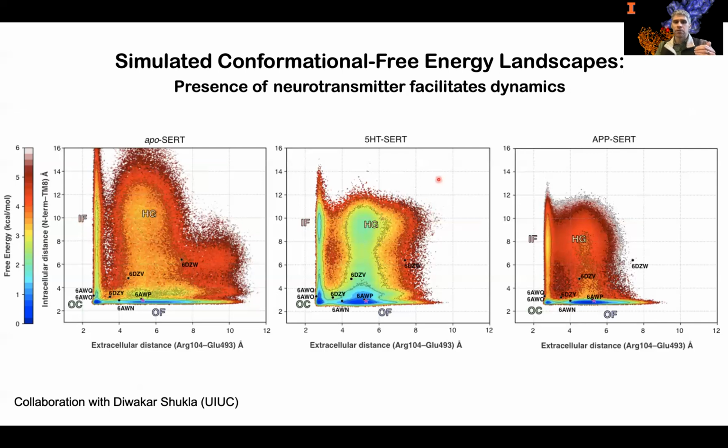And it's not until serotonin is present that we have reduced energy barriers between these conformational states. So you have an energy accessible pathway to go from the occluded to the inwards facing conformation to release the serotonin to the inside of the cell.